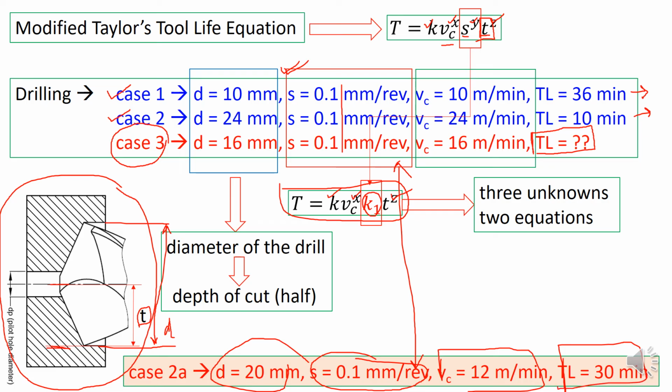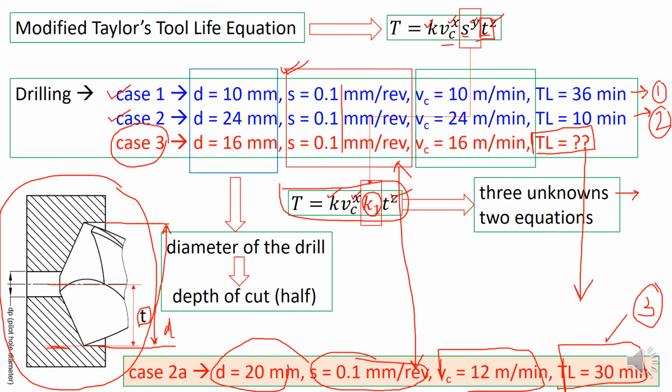So now you have 1, 2 and 3 data sets. You have 3 unknowns and you would be able to solve the equation and ultimately get this tool life which is unknown. So please go ahead, solve this particular problem.